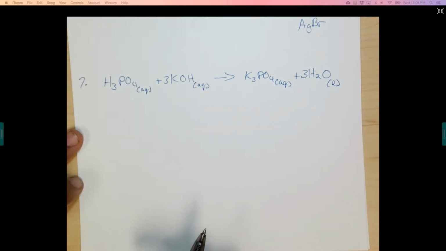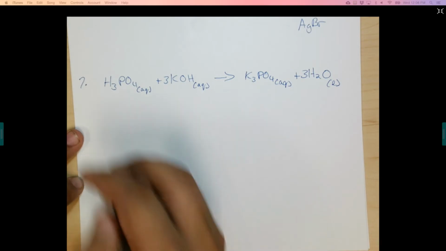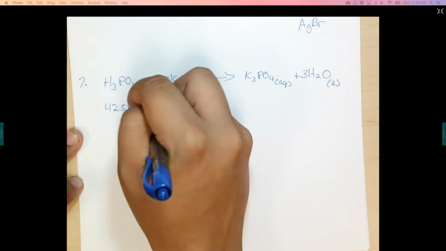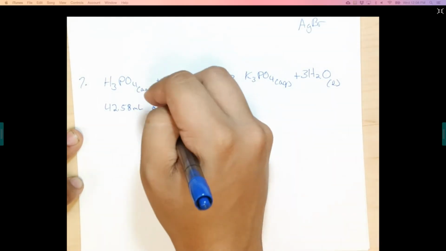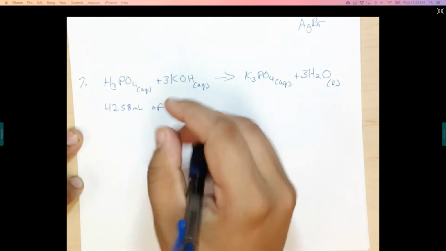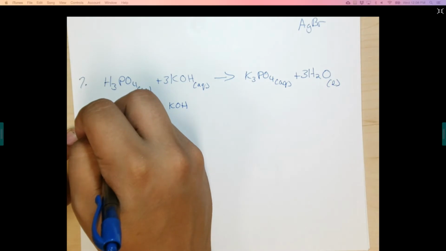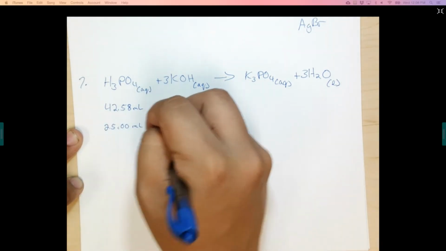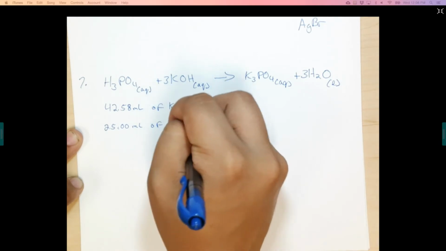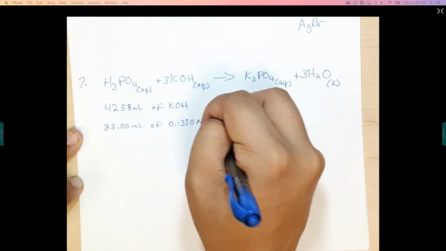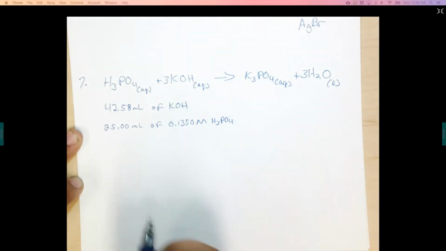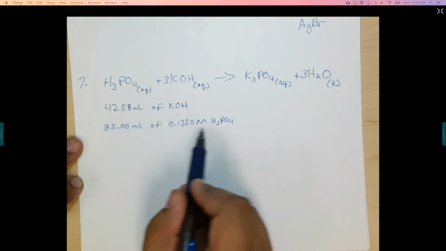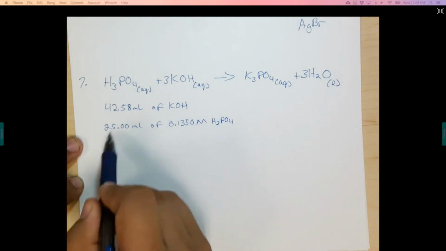Now, they've told us that it took 42.58 milliliters of KOH to neutralize 25.00 milliliters of 0.1350 molar H3PO4. So what we can do is approach this using the number of moles that we know.